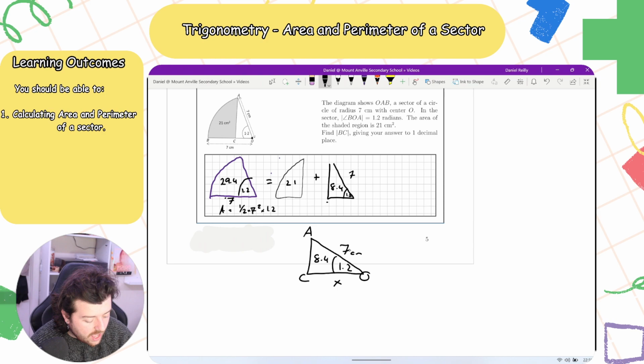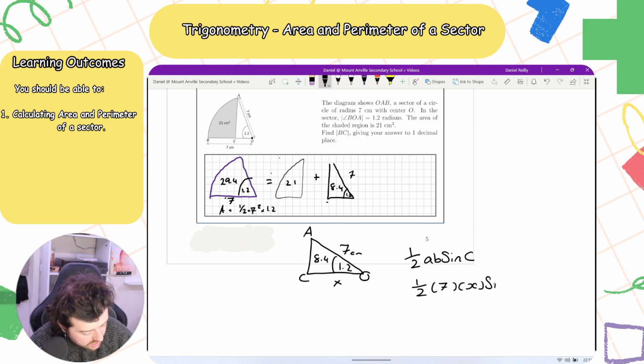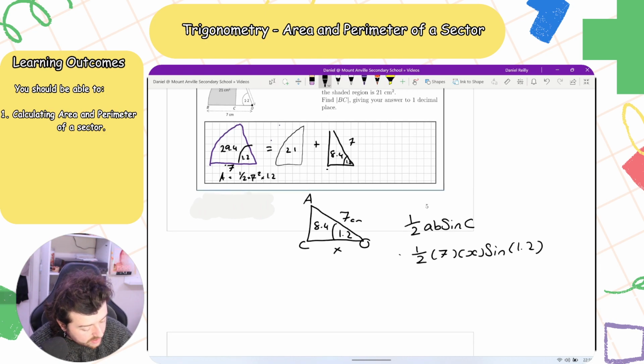So I have my area and I have one side and the angle, but I don't have the other side. So I can use my area formula, a half ab sine C: a half times 7 times x times sine 1.2. So make sure you put your calculator in radians. That is going to be equal to 8.4.